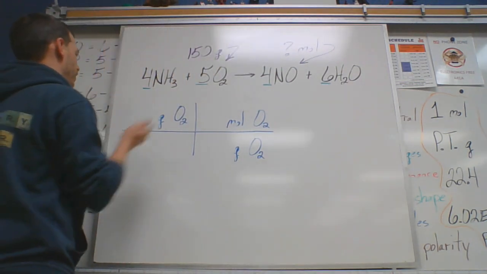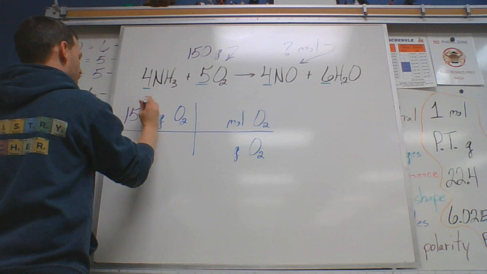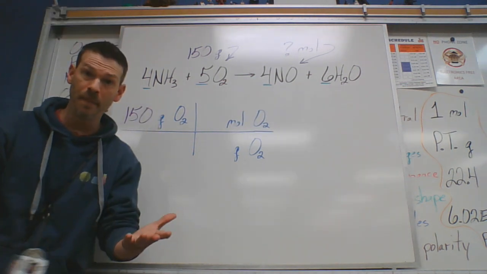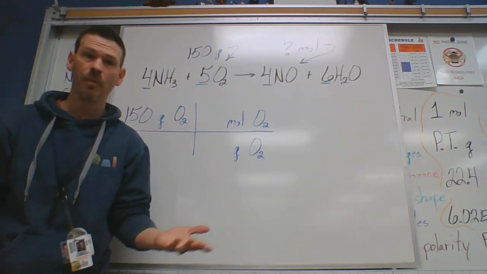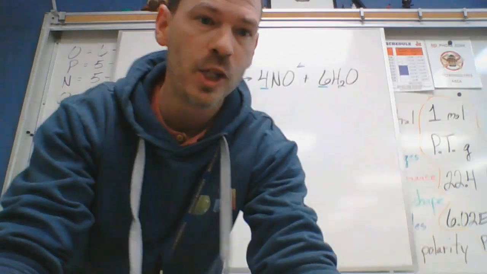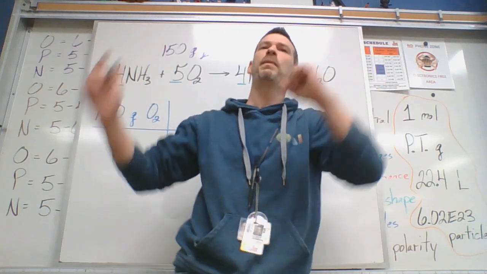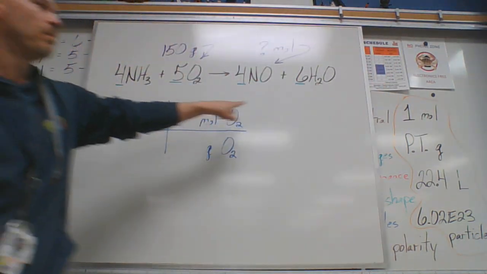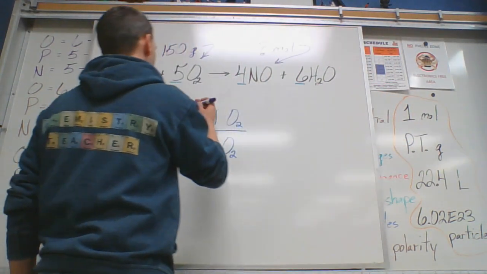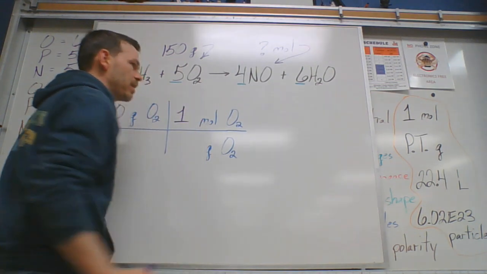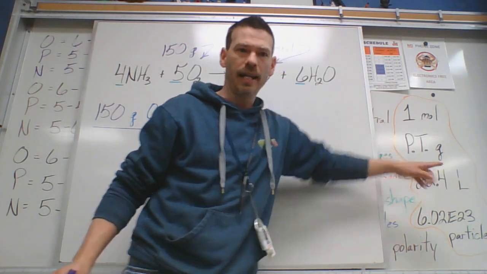All right. Now, we know from the past that these numbers come from the conversion factors, which are located right over here, or you wrote them on the opening slide. So what number goes with moles? 1. And what number goes with grams? The periodic table.